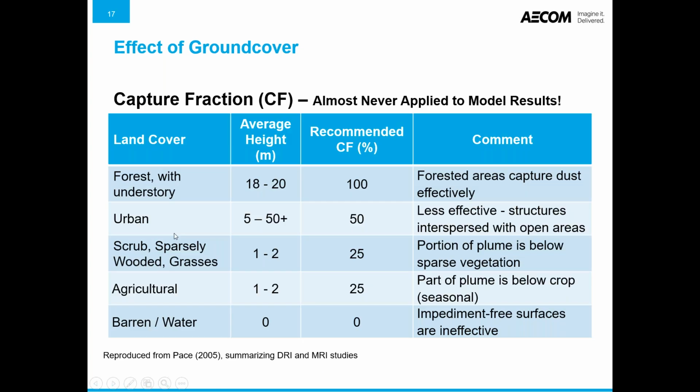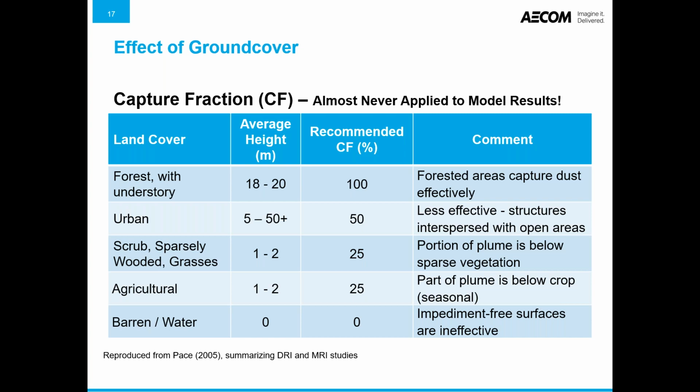So what these two organizations have come up with are rule of thumb factors that we occasionally apply in our modeling now to effectively account for this additional plume depletion by vegetation.